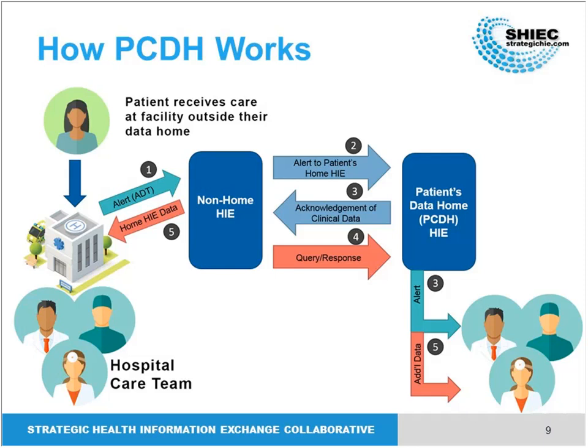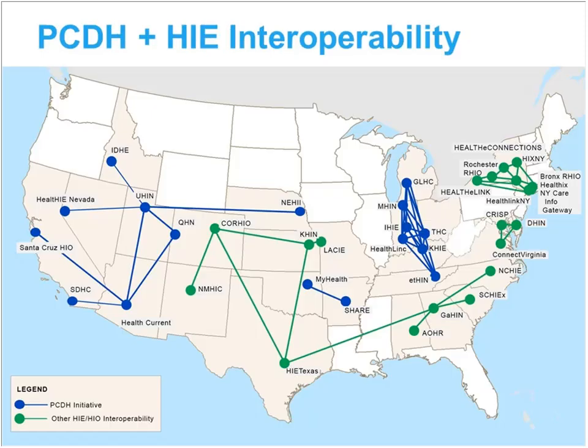And their physicians also know, because of the ADT alert sent to their home HIE, that the patient was admitted somewhere else. They get the advantage of knowing where that patient was admitted, so they don't have to wait till the patient shows up in their office for that visit.